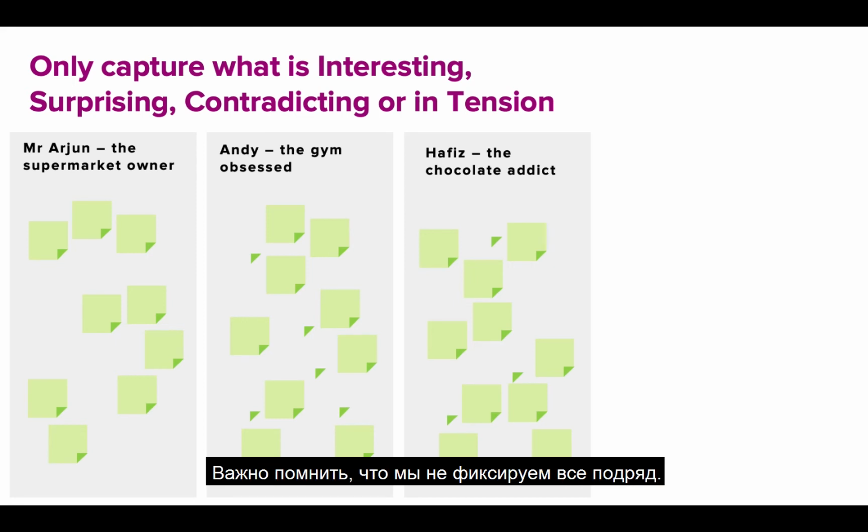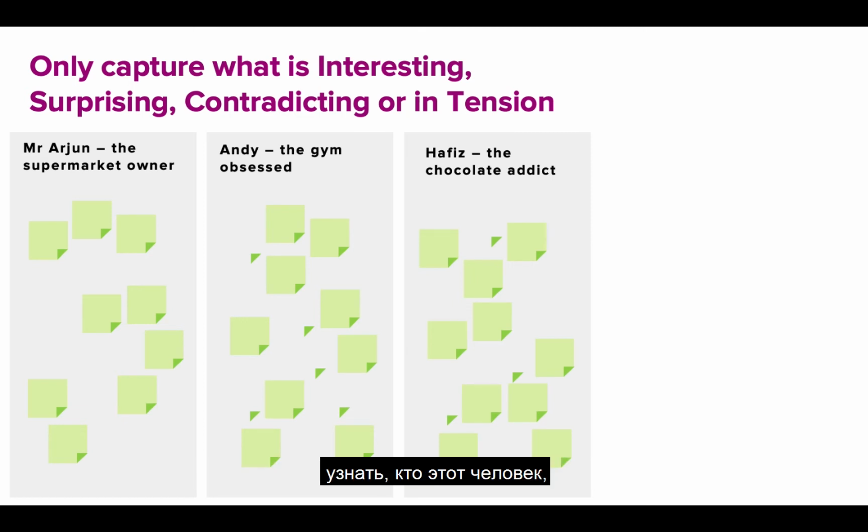One important thing to have in mind is that we don't capture everything everyone said. We only capture what is interesting, surprising, contradicting, or in tension. The end goal is to understand what is really going on with each user.